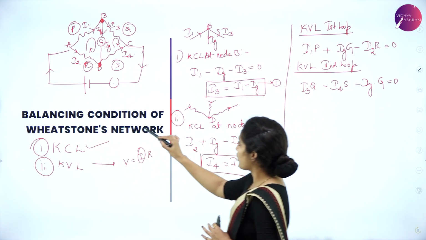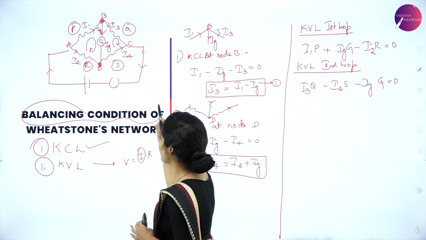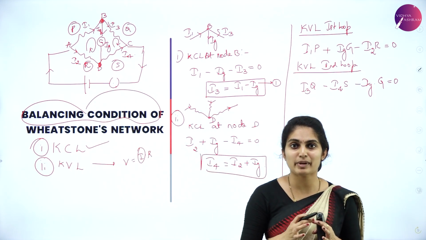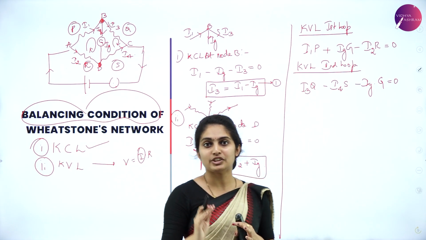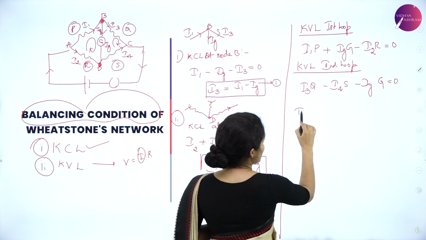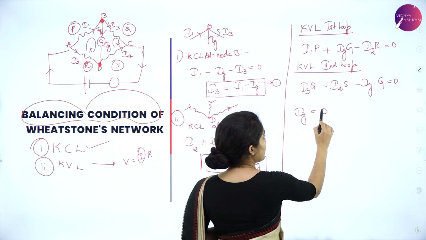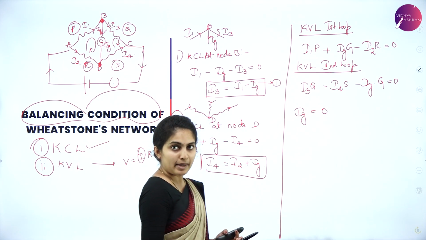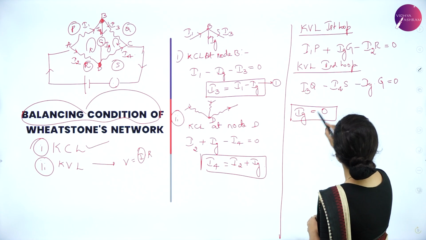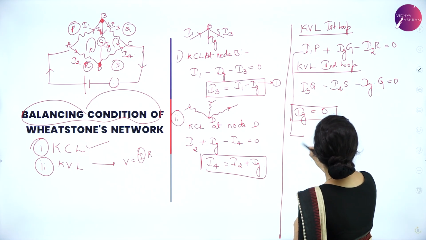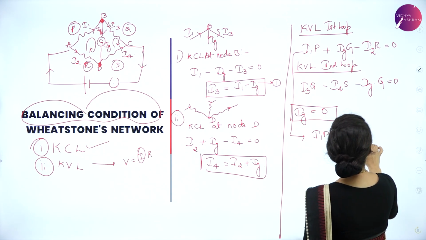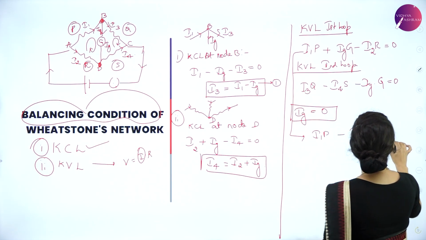Suppose the concept is balancing condition of Wheatstone's network. In case of meter bridge, when you used to get the balancing condition, whenever the galvanometer used to show 0 condition, the current through the galvanometer IG should be 0. Then only you can say it is in a balancing condition. So wherever you have IG, you have to put it 0. So first equation turns out to be I1P minus I2R is equal to 0.